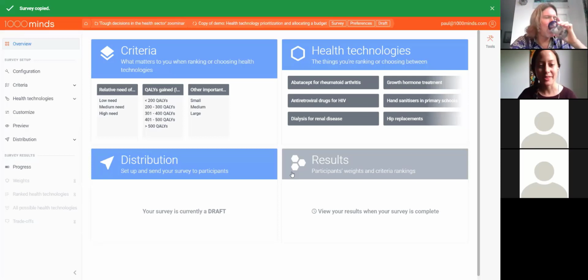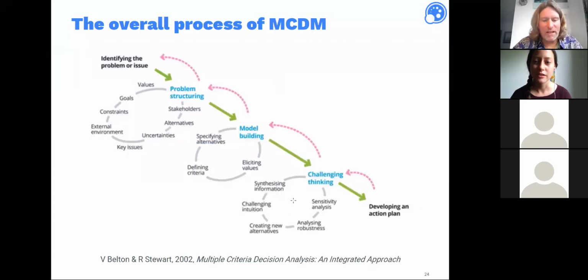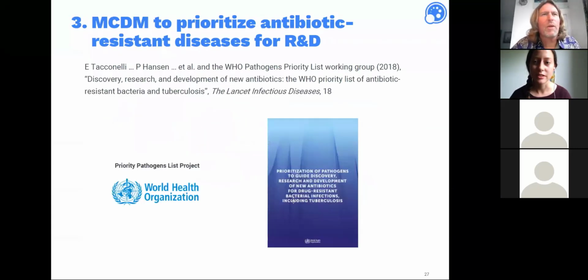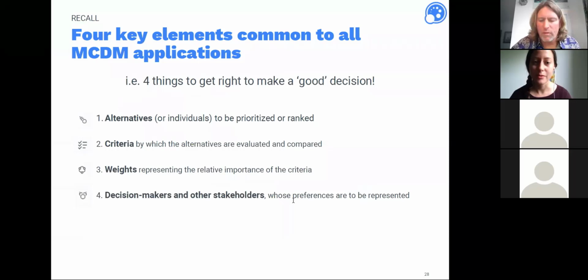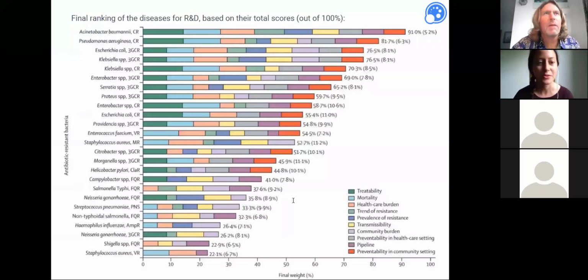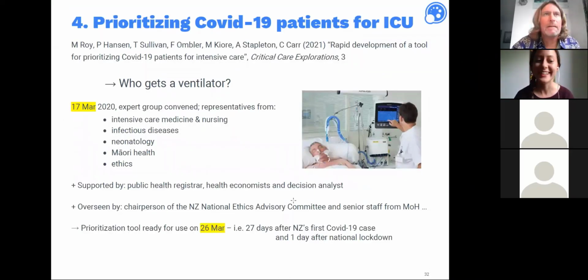Okay. Yeah, so we have another question. How would you compare 1,000 Minds to the GRADE evidence to decision process? I don't know what GRADE is. I think it looks like an acronym, so I assume it's a methodology.